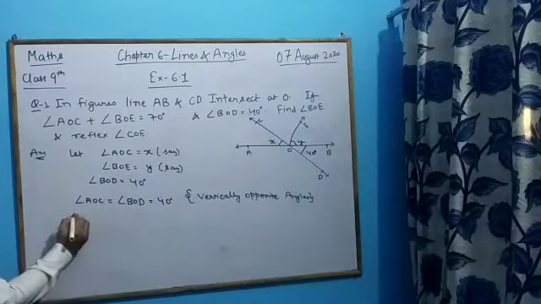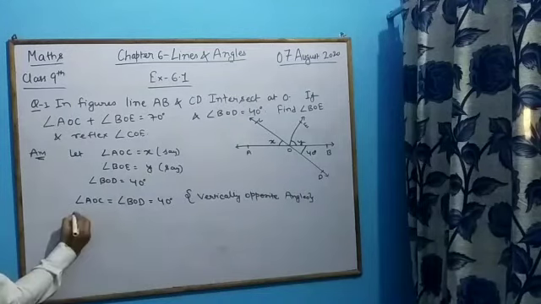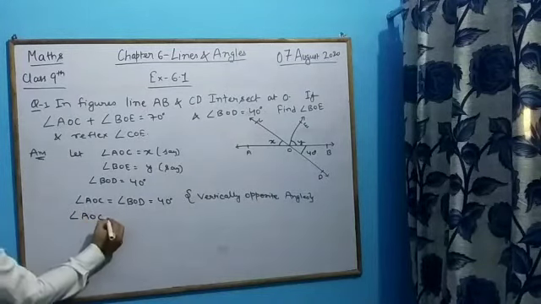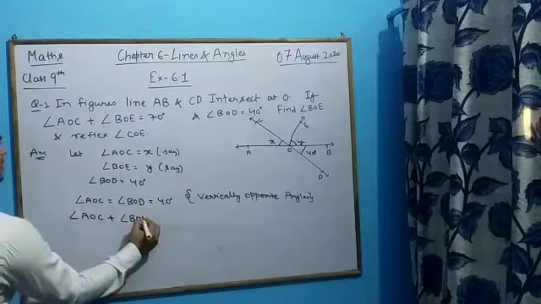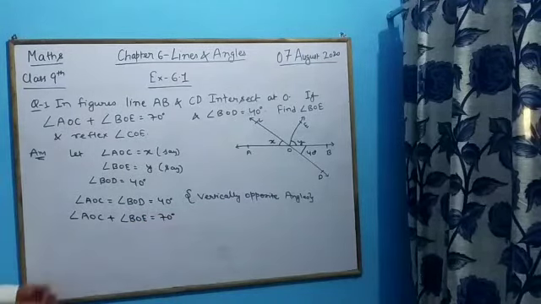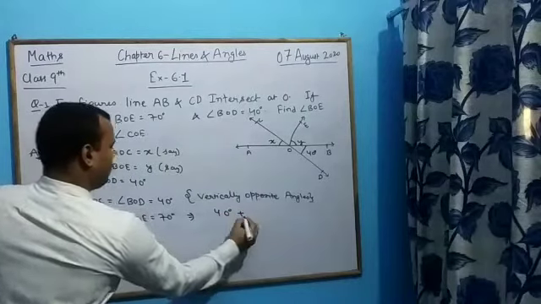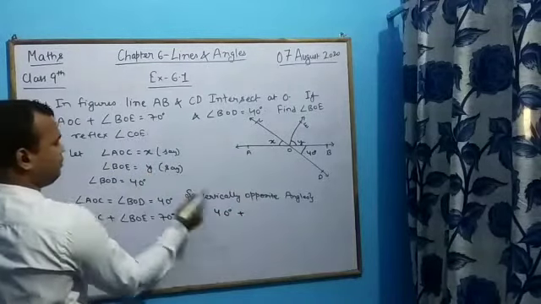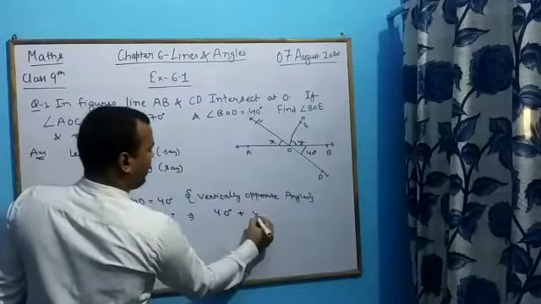Now we have been given that angle AOC plus angle BOE is equal to 70 degrees. Let us put it in: angle AOC is equal to 40 degrees, and angle BOE we have taken as Y. Just for simplicity, you don't need to take it as a variable, you can just write the angle name, but we don't want to write the angle name again and again, that's why I have taken it.